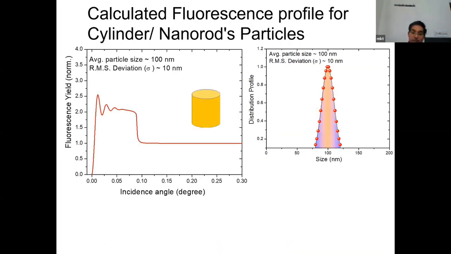Similarly, earlier I considered spherical, but if you consider a rectangular or cylindrical type of nanorod, then the profile is basically constant, because everywhere the vertical size is not changing. Again I have considered 100 nanometer mean size and RMS 10, and this is the profile in the case of the cylindrical particle.